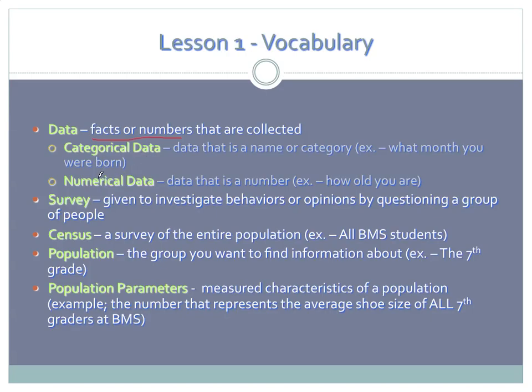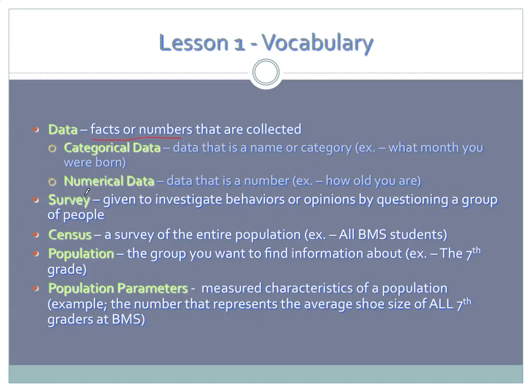The second type of data is numerical data, which is all data that's a number. For example, how old you are, how tall you are, your shoe size, how much you weigh. Those can be numerical data because they put you in an area based on your numbers, some information about you.